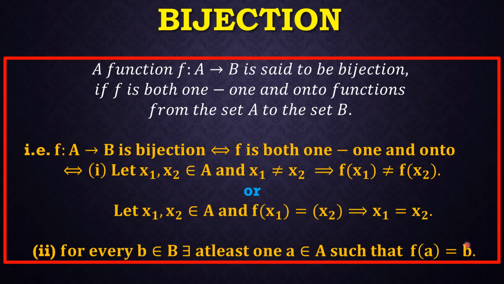Here we get range equals codomain. Now this condition holds for any function f. That type of function is called onto function. Now here the function f is both one-one and onto. Then we get the function is bijection. That type of function is called bijection function.